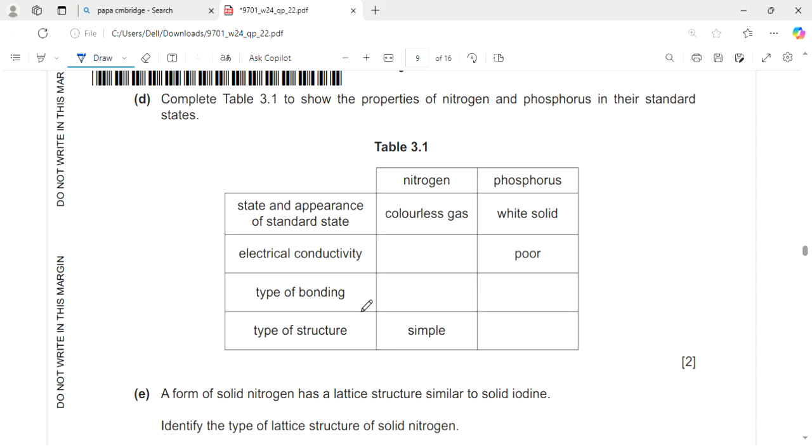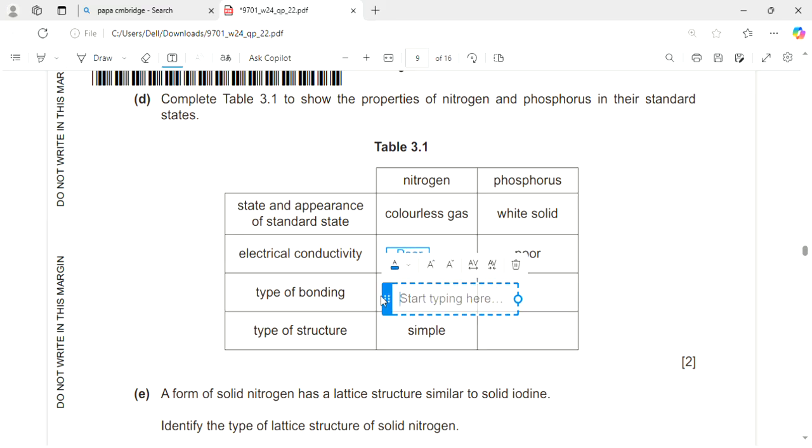Complete Table 3.1, which shows the properties of nitrogen and phosphorus in the standard states. Nitrogen is a colorless gas. Electrical conductivity of nitrogen is poor; it's not a good conductor of electricity. Type of bonding: covalent.